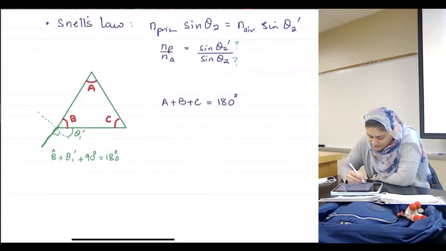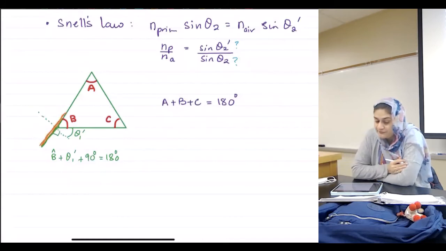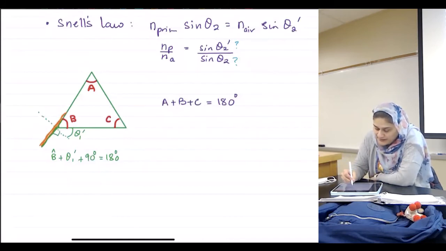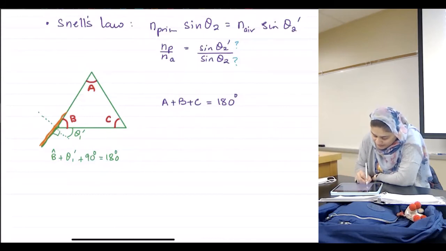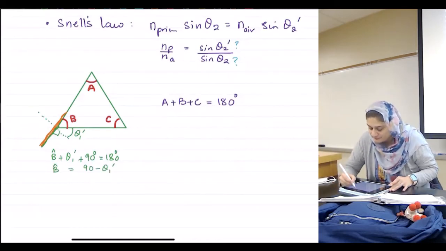And I'm looking at this line. So then may I write angle B as 90 minus theta 1 prime? Good? Okay, now I'm going to go to the other side.